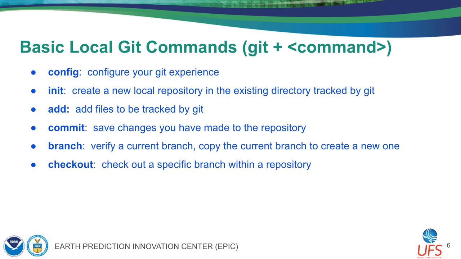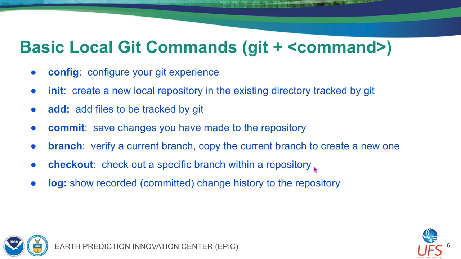Using git checkout, you can check out a specific branch within the repository. That means you switch from one branch to the other one. Some of the options with git checkout allow you also to create a new branch.